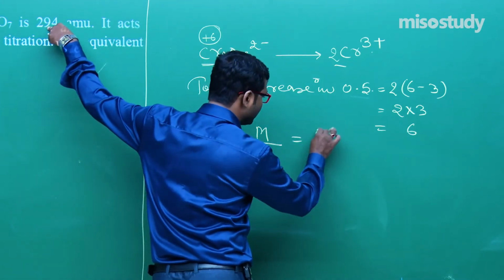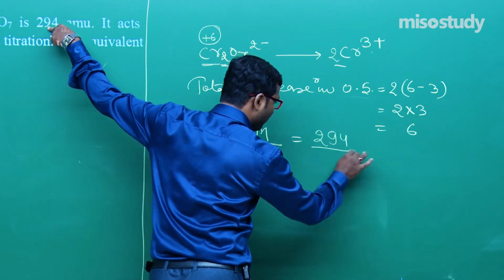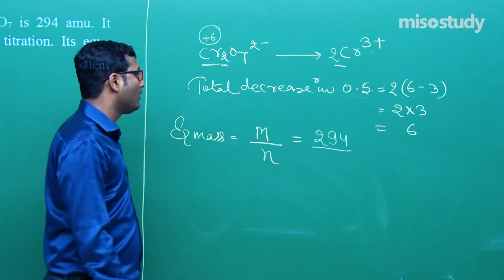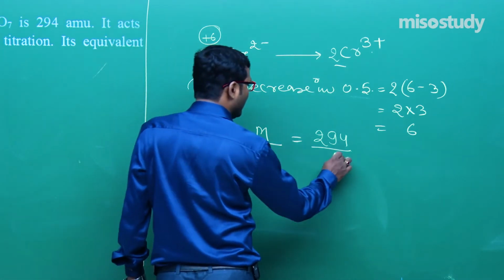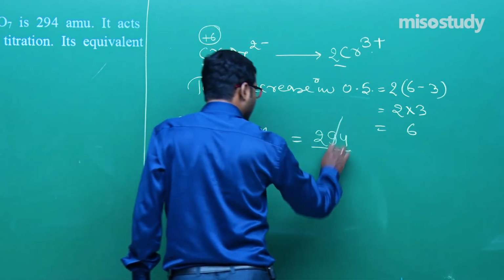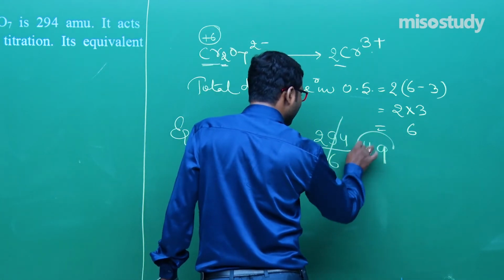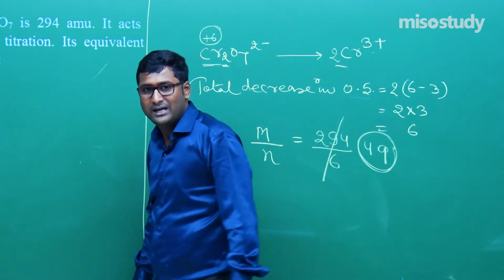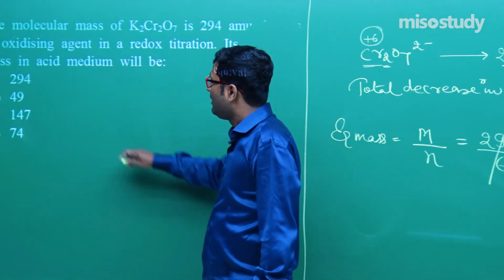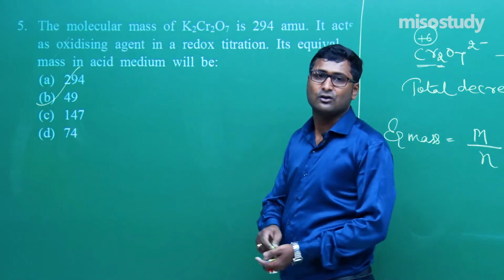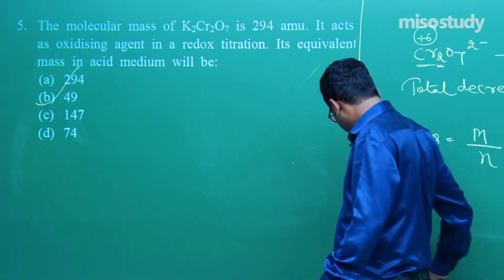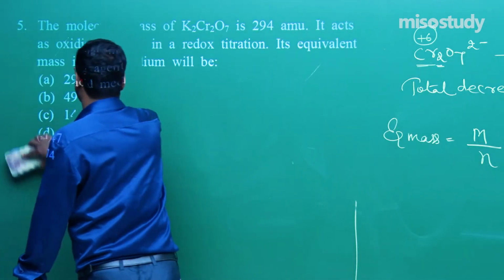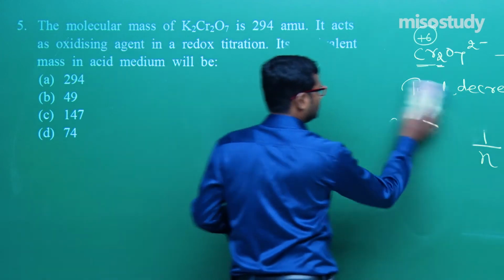The molecular mass is given, so 294, and n is equal to the total decrease in oxidation state. So, here it is 6. After dividing, what do we get? The value is around 49. So for this question, we can easily predict that B is the correct option. Clear? Now friends, I am going to rub this part. Wait for a moment and we'll discuss the next one.